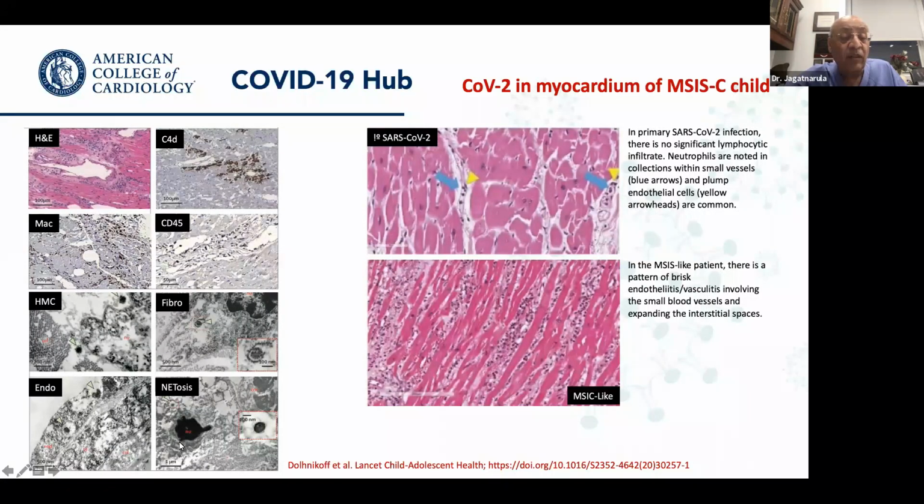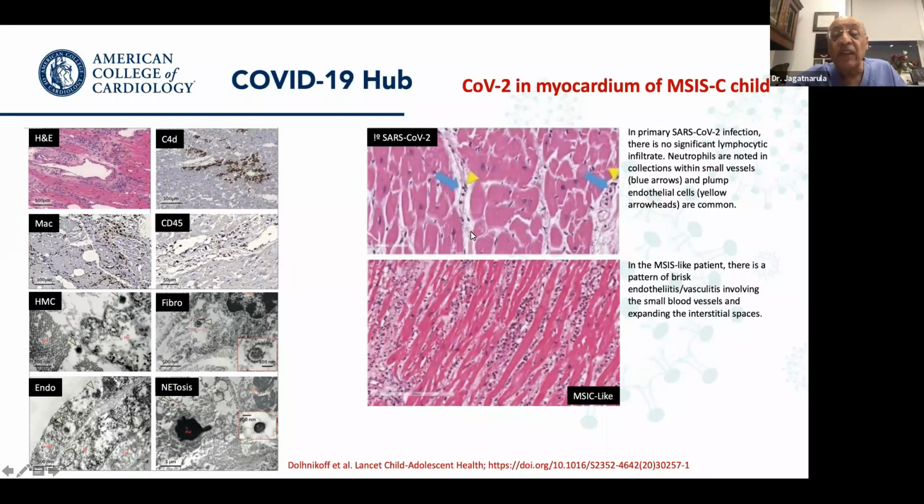And here it is also showing a neutrophil with NETosis, or neutrophil extracellular traps. You can clearly see the area of a trap, the DNA from the neutrophil, which traps or captures the organisms.